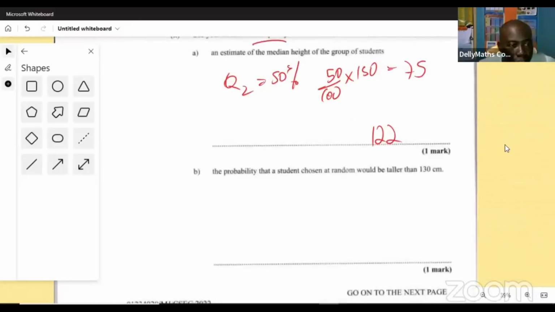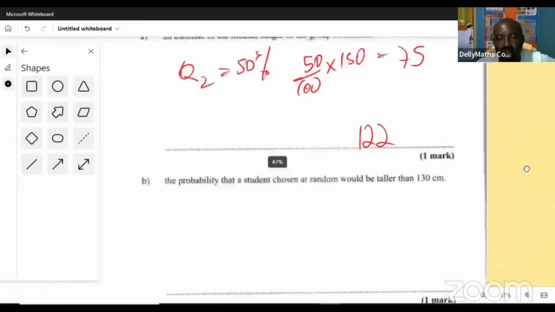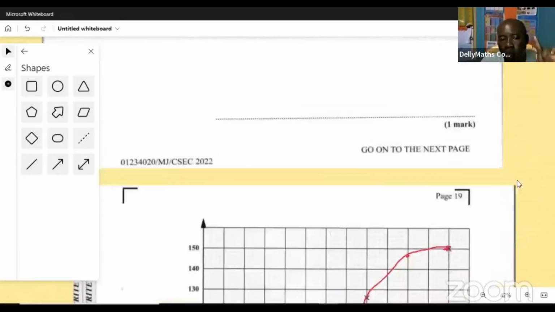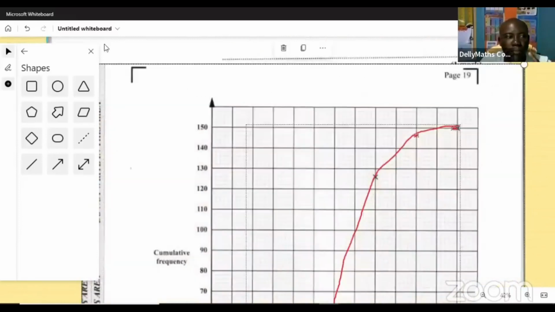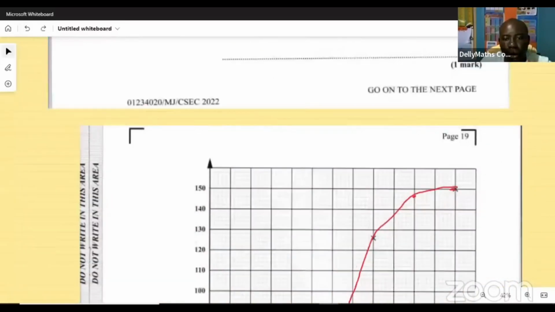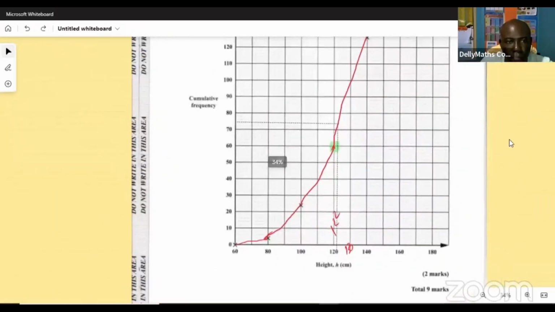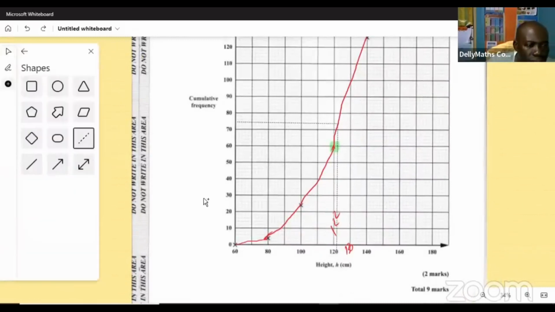The next question says, the probability that a student chosen at random would be taller than 130. All we have to do is find 130 on our grid and go up. Here's our shape. 130 is right here, and right where it touches, it touches at 100.